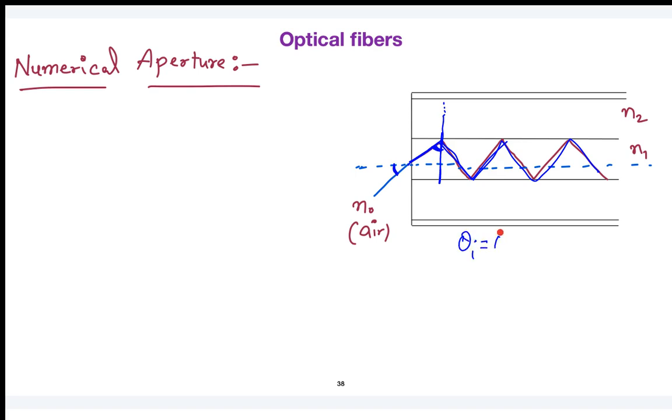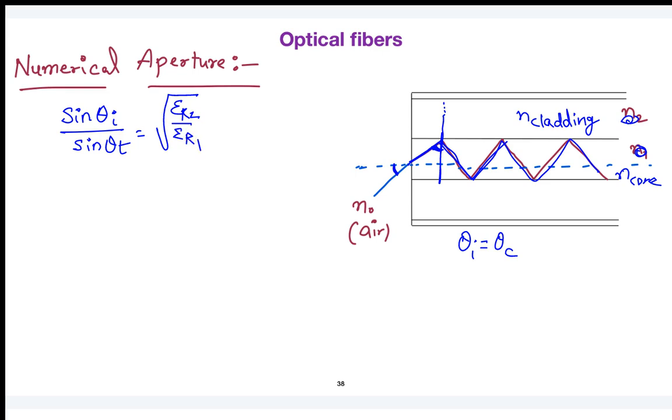First of all, what is the critical angle equation here? Instead of N1 and N2, let me write it as the refractive index of core and refractive index of cladding. Between two different mediums, we already know Snell's law: sine theta i divided by sine theta t is equal to root over epsilon r2 divided by epsilon r1.